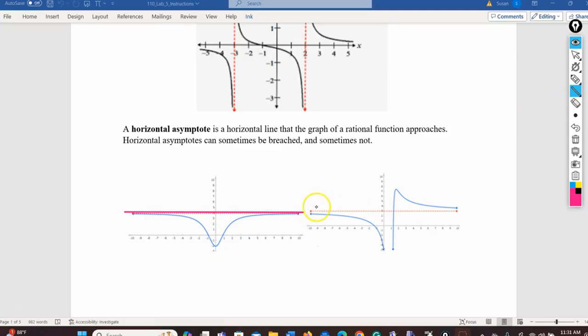Now, other times, you can have a horizontal asymptote, and the graph does breach it, but we can see, like if we're coming here, it's getting closer and closer and will never breach. Now here, it's true we do have a breach, but after a certain point, after we're here, it engages in the behavior where it settles in and it approaches, and it will never breach. So as you go from negative to positive infinity at the extreme left and right, it's not breaching.